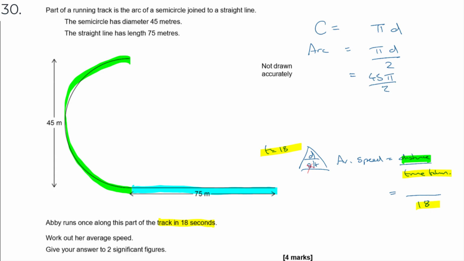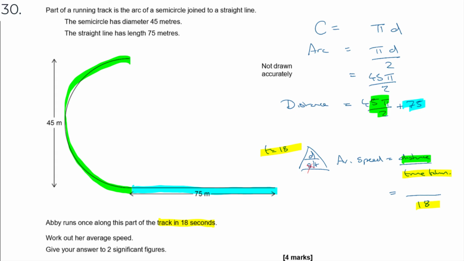So that's the arc length, and the total distance traveled is the arc, 45 pi over 2, which I'm leaving in terms of pi for now to maintain accuracy, plus the straight section, which is 75. This is the curved part, and this is the straight part, and altogether that gives me the distance. Then the average speed is whatever that is divided by 18.